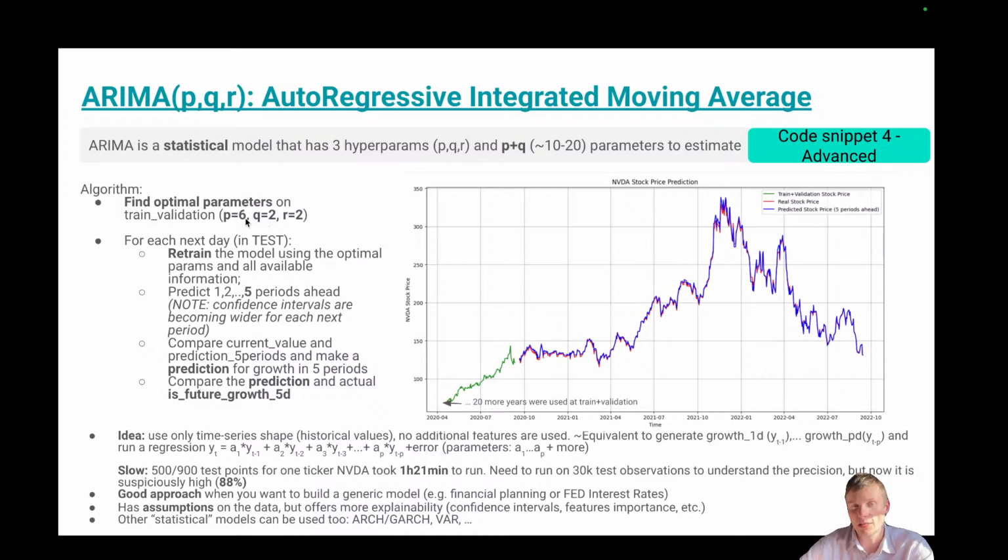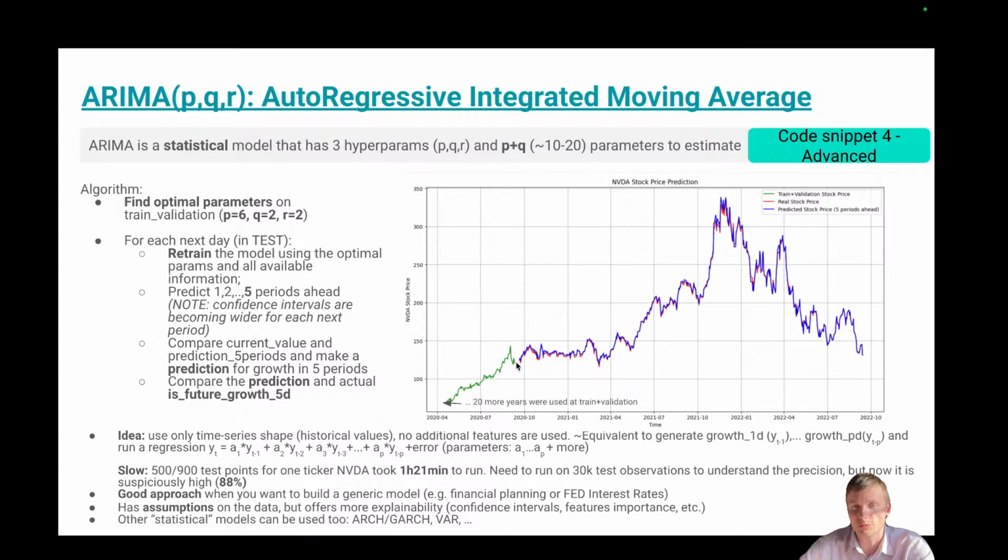And P equals 6 actually means that this model will look only at the 6 previous values of the time series, and it will try to estimate perfect, or ideal, parameters that minimize the prediction error for that time series at that moment in time.